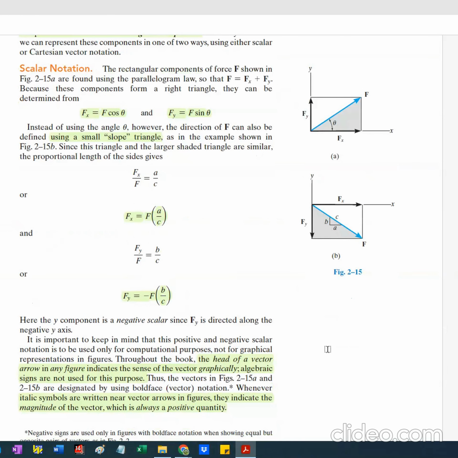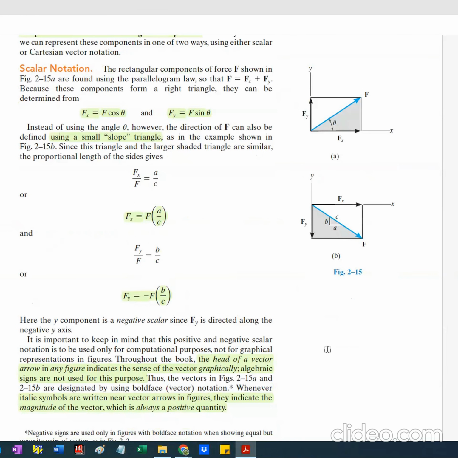The projections are likewise oriented, so you need to, again, use appropriate signs when reporting them. And then a word about writing magnitude.